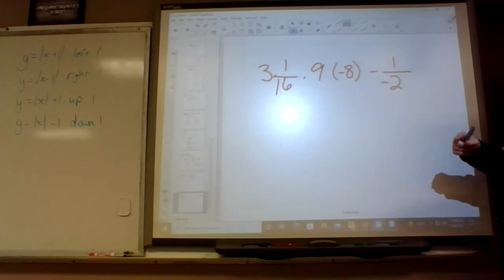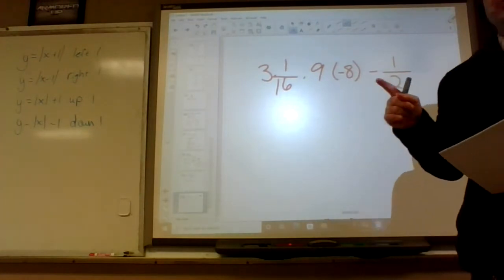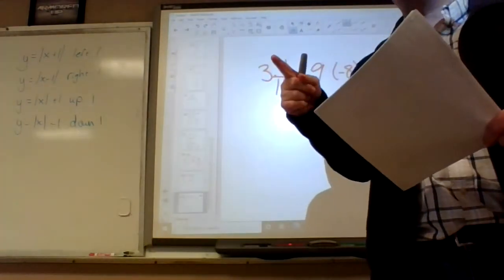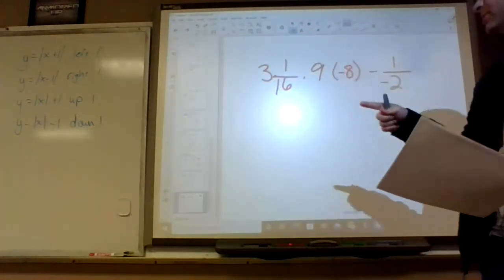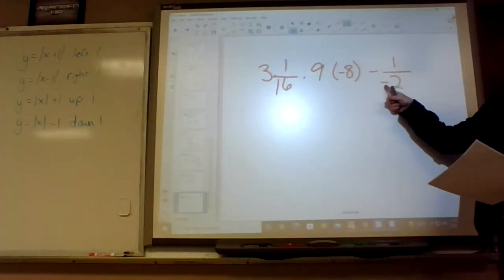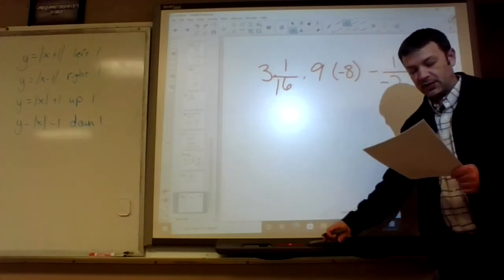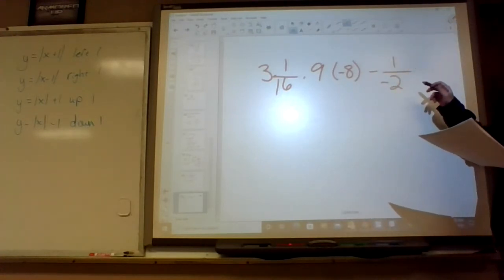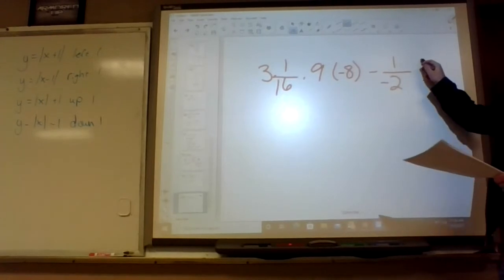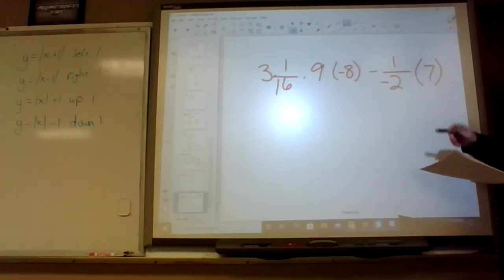Negative 1/2. 2 to the negative 1 is 1 over 2, but since the 2 was negative, it's negative on the bottom. Yeah, that's right. And then a plus b, what is 4 plus 3? 7.